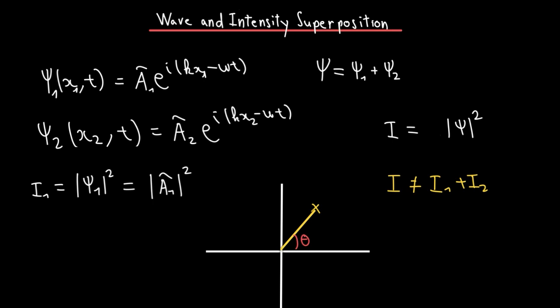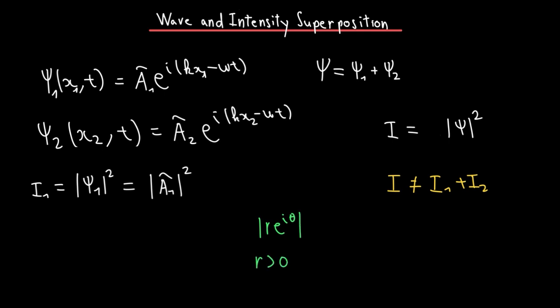In essence, we could have a different argument, theta prime, but still have the same modulus. And in general, the modulus of r e to the i theta, where r is a positive real number, is just r. The modulus is just the factor of the e to the i theta.